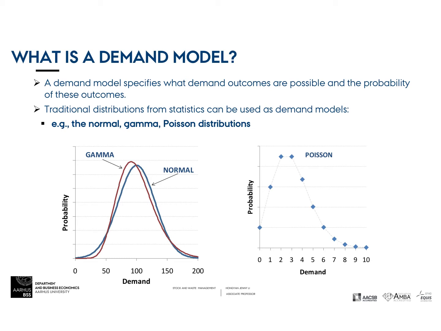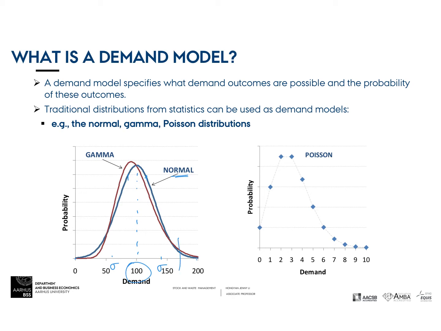For example, if your demand is a normal distribution, like the dark blue curve here, you can see you have a mean of about 100 units, and then you have the standard deviation specified. Most of the time your demand will be in a small range, and you also have a risk of very low or very high demand.